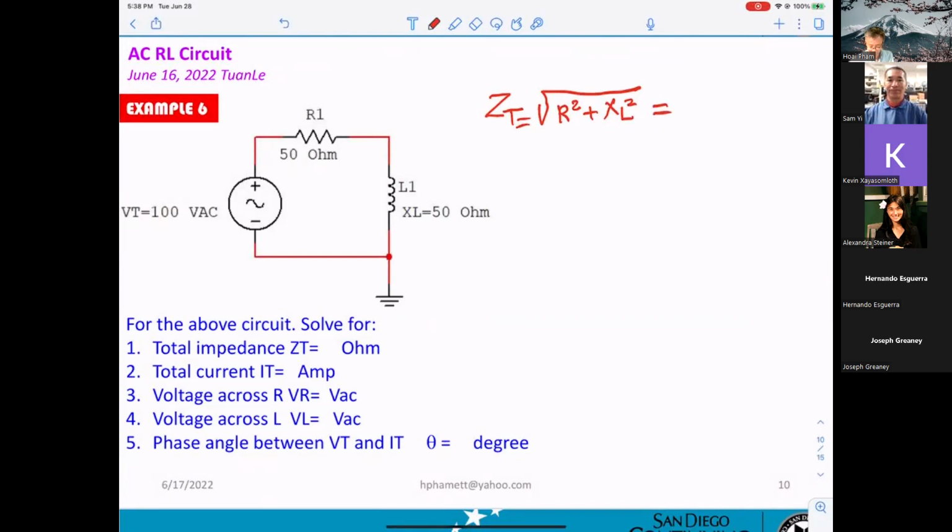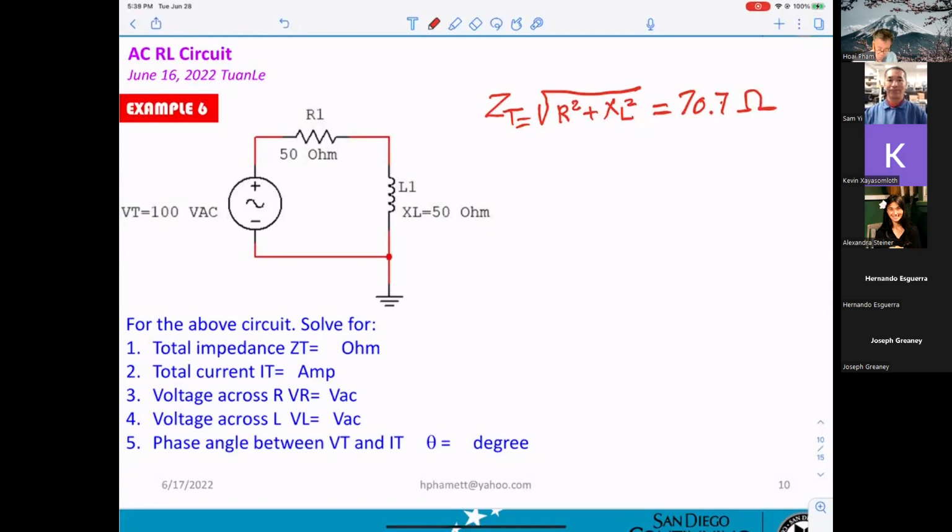You get 50 root 2 ohm, right? 50 times the square root of 2, or 70.71 ohms. Correct? Yes. Okay.